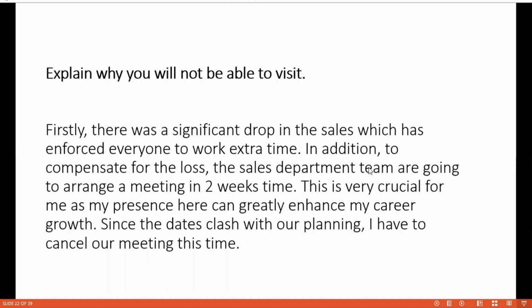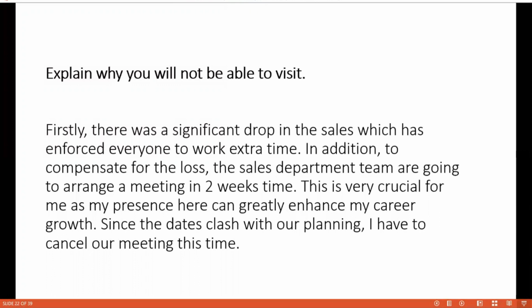It says, explain why you will not be able to visit. The next bullet point. The person says, "Firstly, there was a significant drop in the sales which has enforced everyone to work." This is "enforced" and all very formal. We're being very formal. You don't talk like this with your friend, isn't it? "In addition", do you say "in addition"? I'm not sure whether you really use these signposts when you talk to your friend.